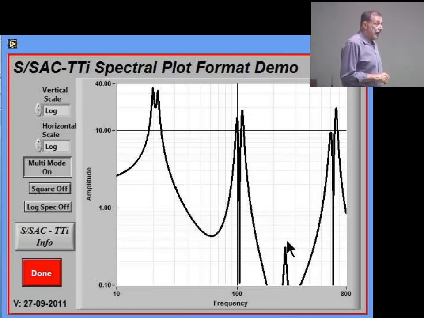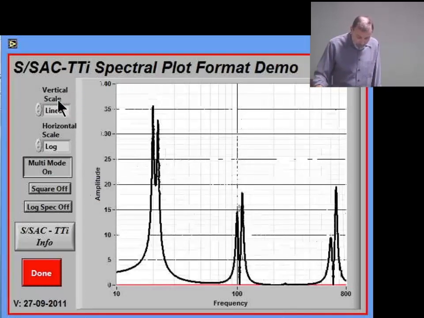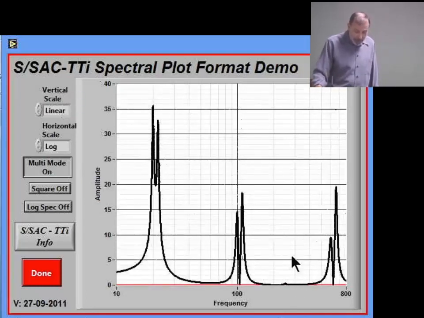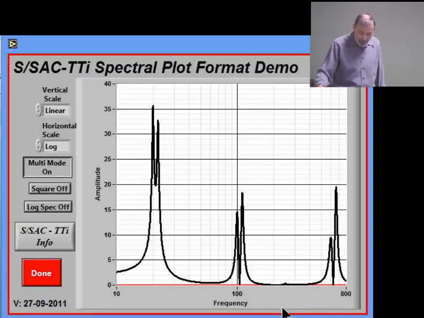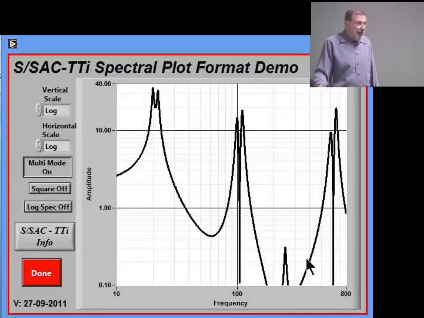My dynamic range. Okay? With a linear vertical plot, you can only really see stuff that's a few percent of full scale, or a few percent of the maximum. If I do a log plot, then I can see the little tiny stuff very easily.